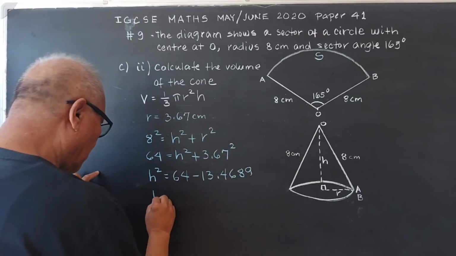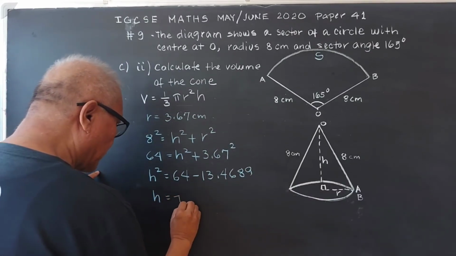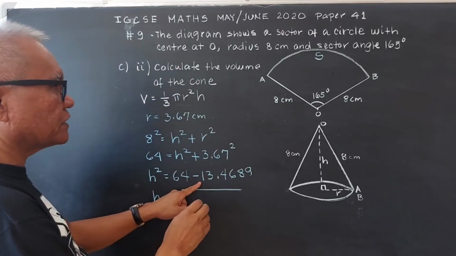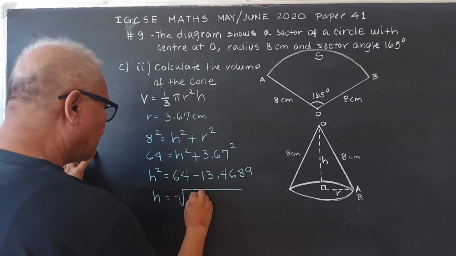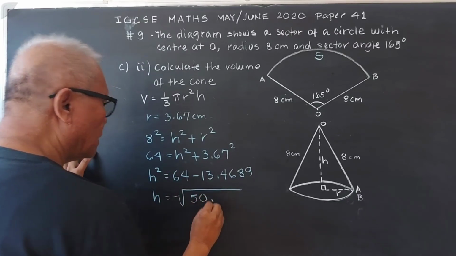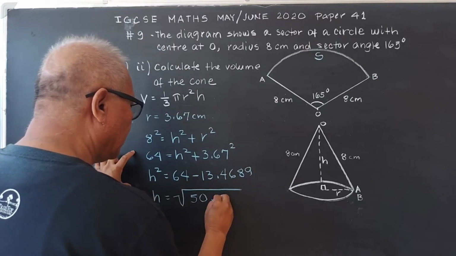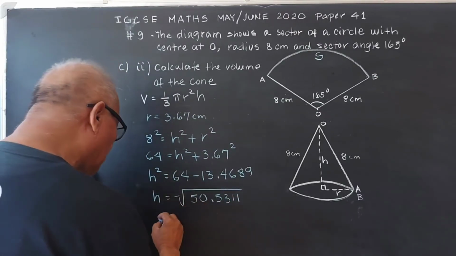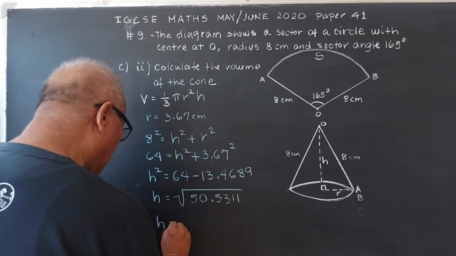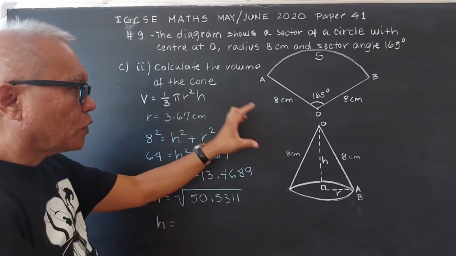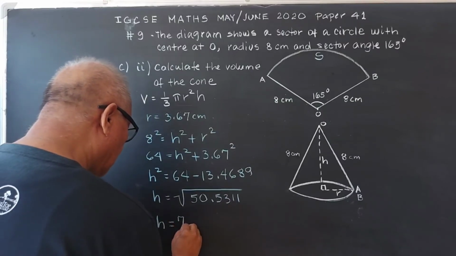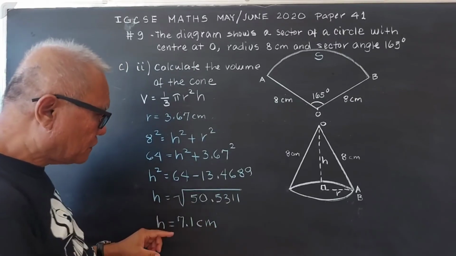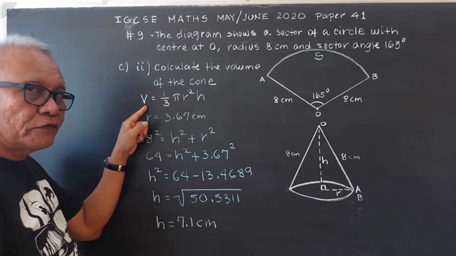And then h, now we take the square root of 64 minus 13.4689, which is 50.5311, and taking the square root of that one, h now, or the height of our cone, is 7.1 centimeters. After finding the h, we can solve now for the volume.